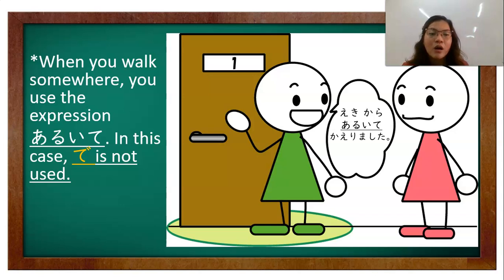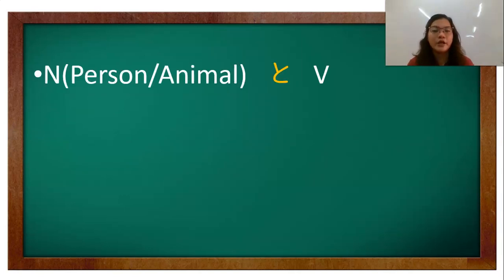Naglakad ako galing station papuntang bahay. That is how you use by if you're walking, you use aruite. But when you use vehicles like motorcycle, jeep, train, or anything, just put particle de on the vehicle that you use.